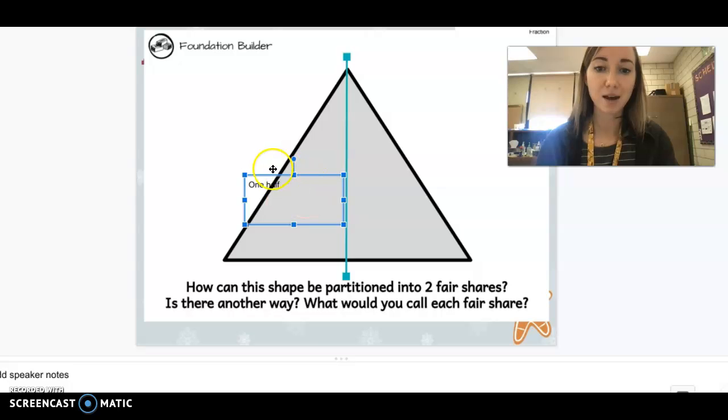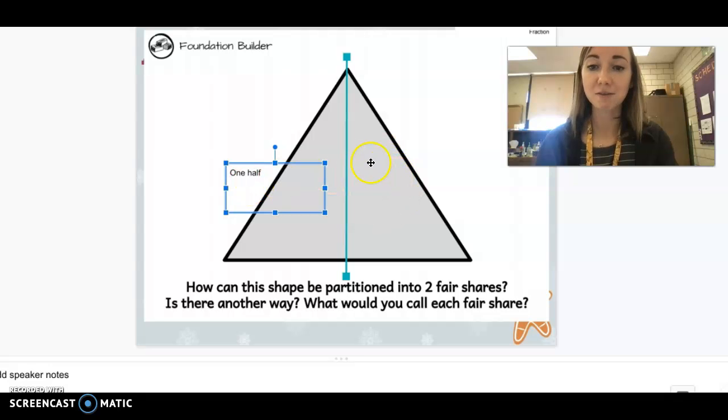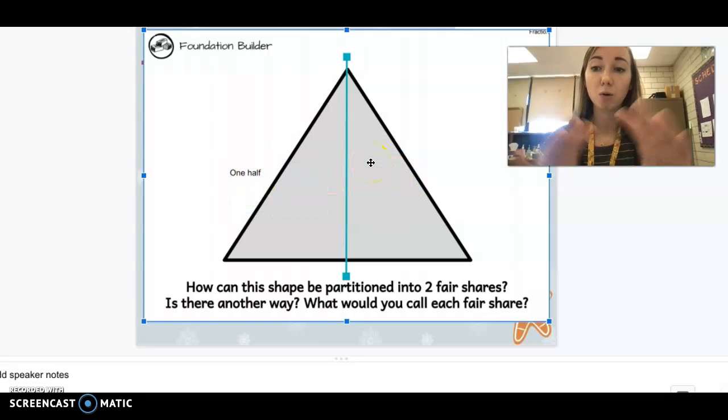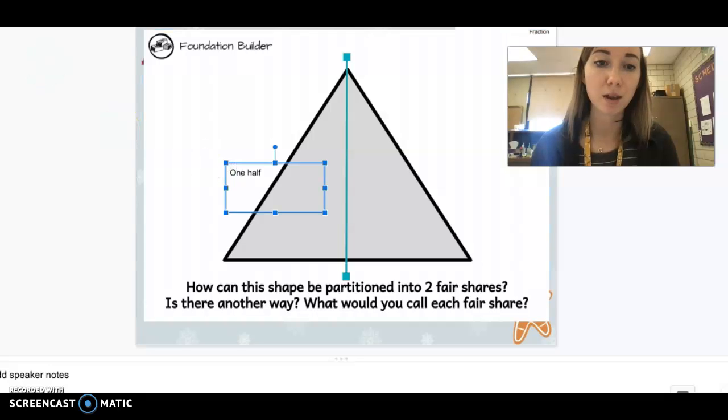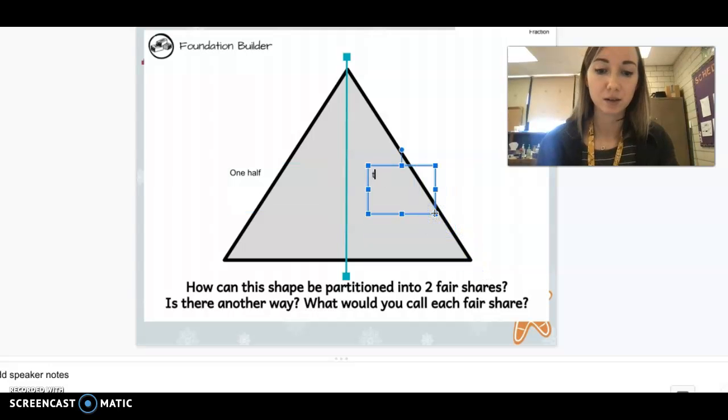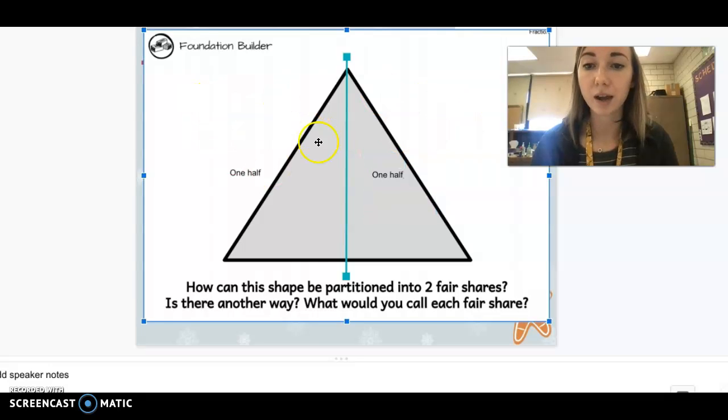If that's 1/2, so is this. And so we have 1/2, and then we have another half, so we have two halves that make the whole triangle. So I'm going to put another one over here and say that this is 1/2. And so these are called halves that make up a whole. All right, let's do another one.